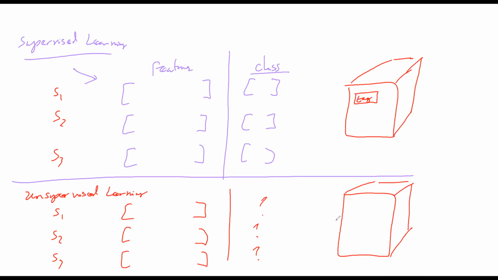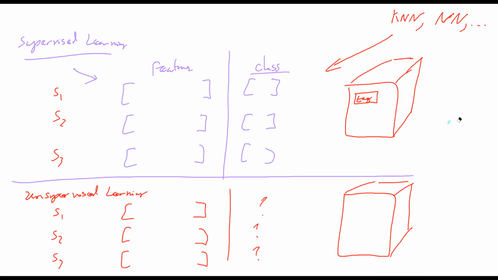There's no label. So the algorithms, which are the focus of the course, KNN, neural nets, and so on, only work for data that looks like this. These algorithms do not work for data like this, boxes without tags.